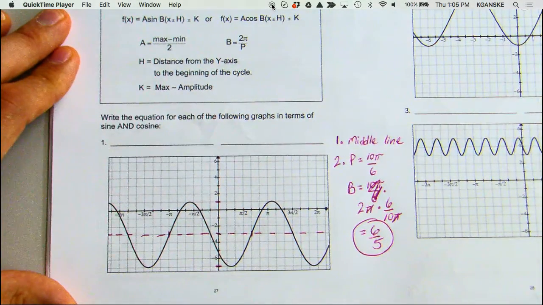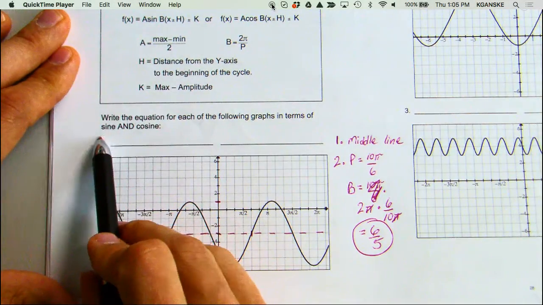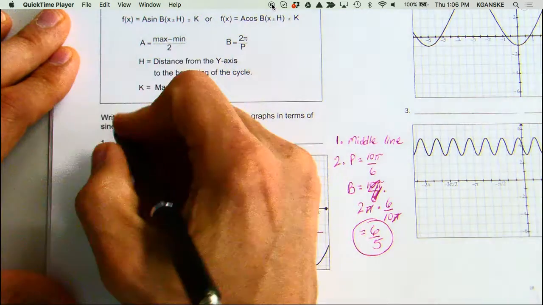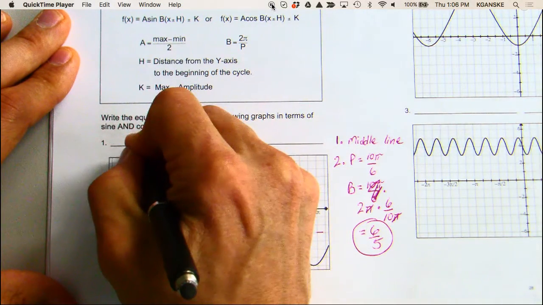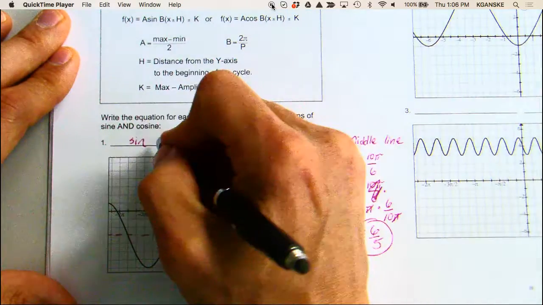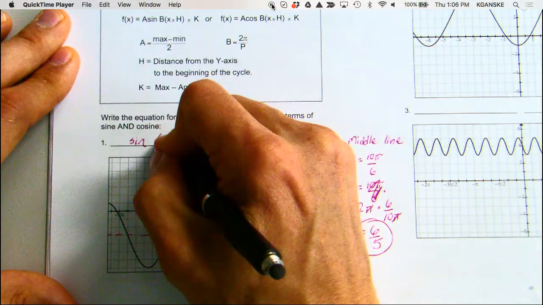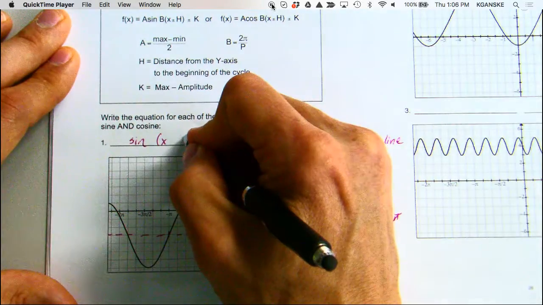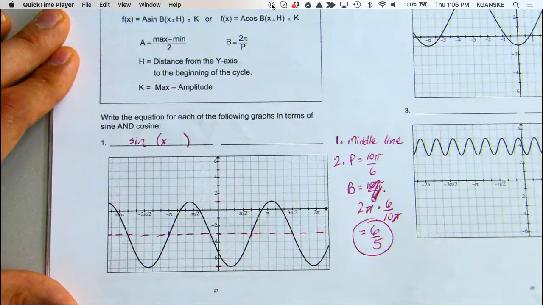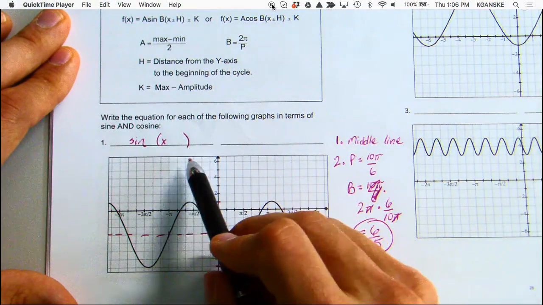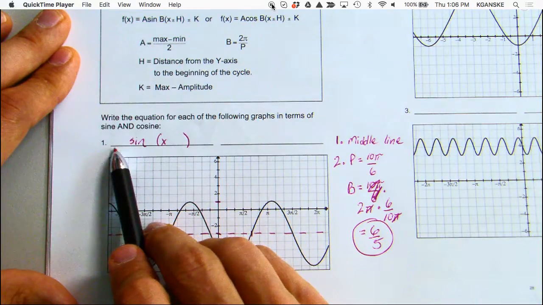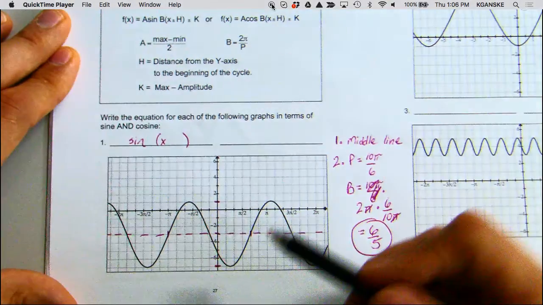So let's go up here now, and it says let's do one sine curve and one cosine curve. So let's stick sine in here. We'll put x there. Okay, and let's just start from left to right. What's the amplitude of my? Well, let's make a starting point.